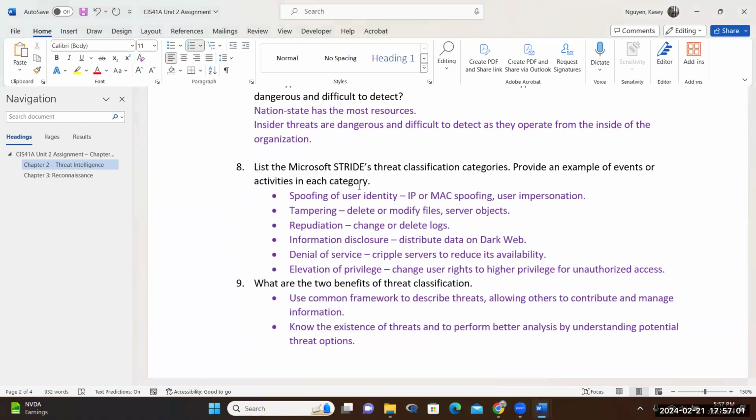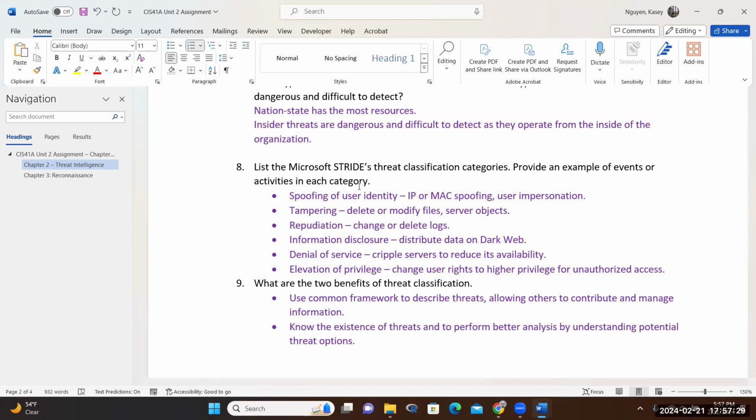So we talked about classifying threats and why it is useful. If you use a common framework to describe the threat, we want to follow the framework. The industry already created the framework for you. It's kind of like they already laid out the map and you just need to follow the road on that map. Everything is templated and already built.